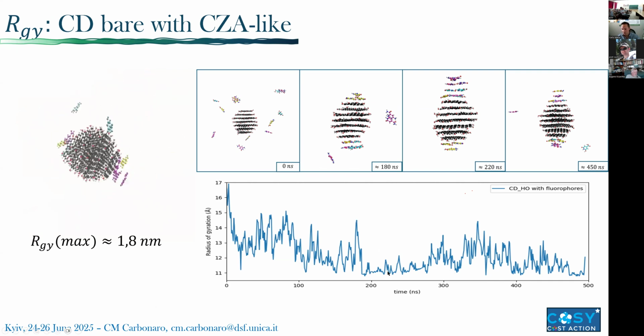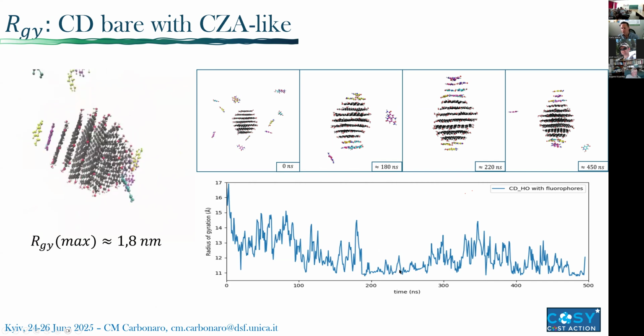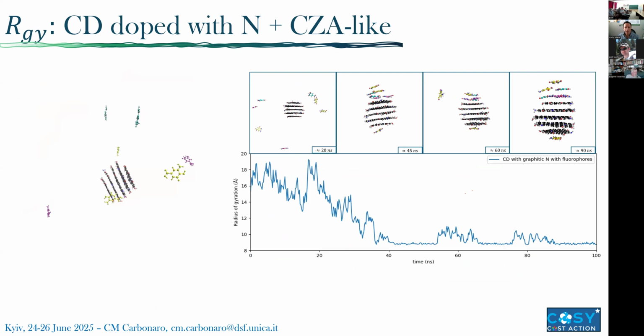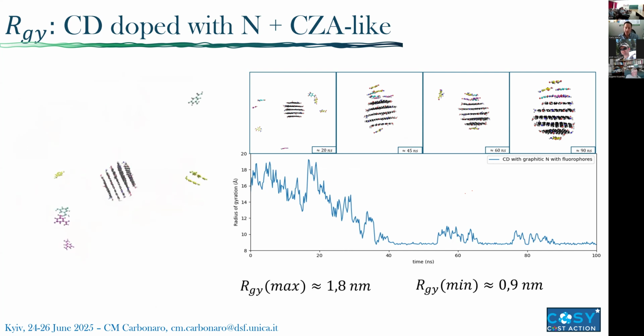You see here from this part, which is flat but higher than before, and also quite noisy. On the other hand, if we look at what happens in the case of a nitrogen-doped carbon dot and the interaction with citrazinic acid-like molecules, we have, again, a radius of gyration larger than without molecules at the beginning, but we have stabilization of the system for a quite longer period, where we observe the trapping of our molecules around the carbon nanodots.